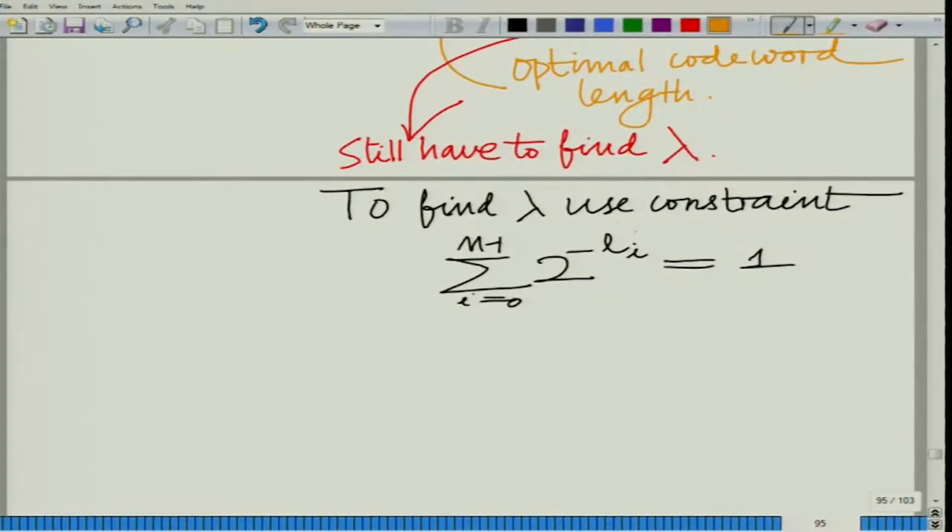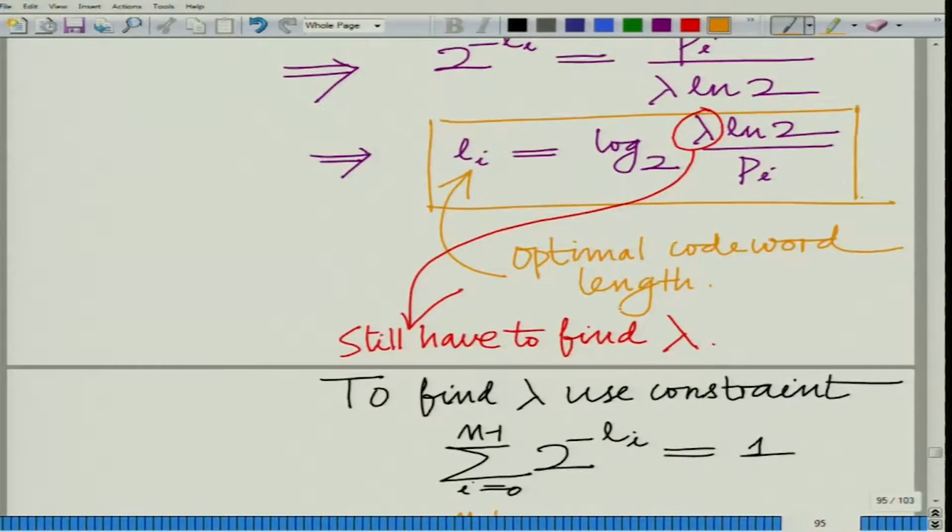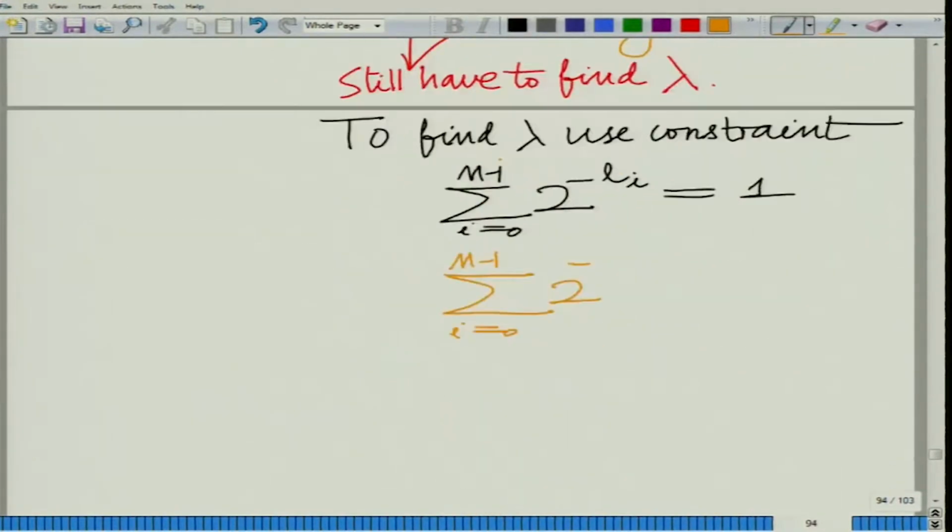And now you substitute this value of li, from, let us call this equation hash, into the summation i equal to 0 to m minus 1 of 2 to the power of minus li.